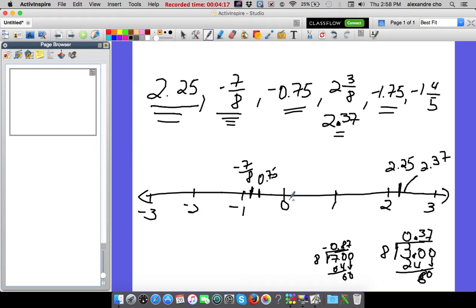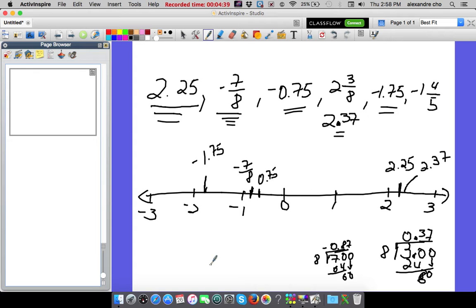Negative 1.75. Well, that's 1. I'm sorry, that's 0. Negative 1, negative 1.5 over here, and negative 1.75 would be just about here. And then we have the last one, negative 1 4/5. So now you've got to decide if negative 1 4/5 is after negative 1.75 or before.